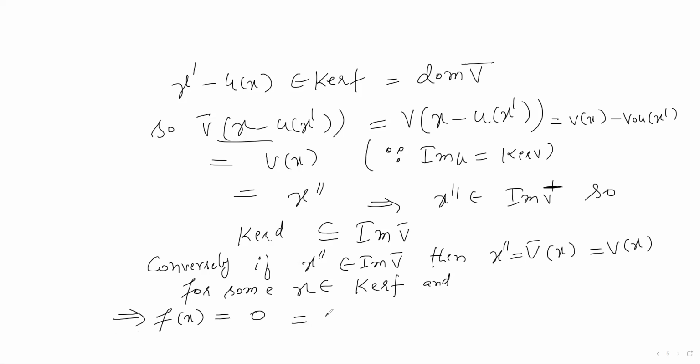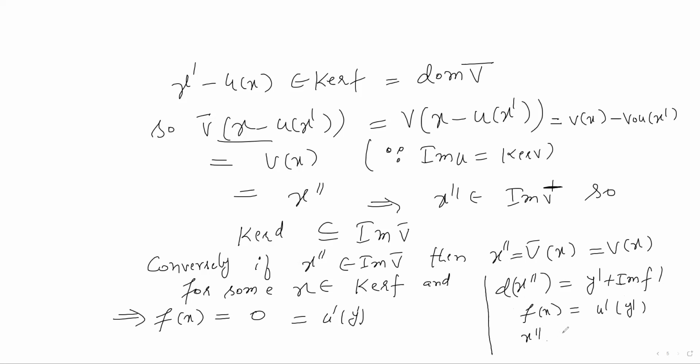Now 0 is also same as u dash y dash, क्योंकि अगर आप d की डेफिनेशन देखेंगे तो ये आपका x डबल डैश जो है, d ऑफ x डबल डैश जो है आपके पास y डैश प्लस इमेज ऑफ f डैश है, ठीक है. और आपका जो v ऑफ x, ये f ऑफ x है, f ऑफ x is u dash y dash, and this x double dash is also v of x by definition of d.